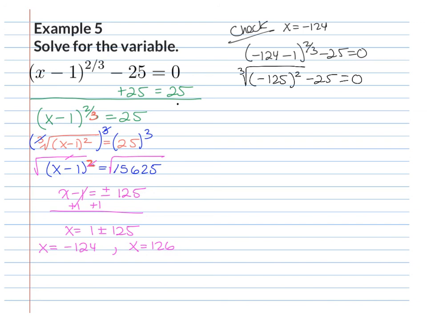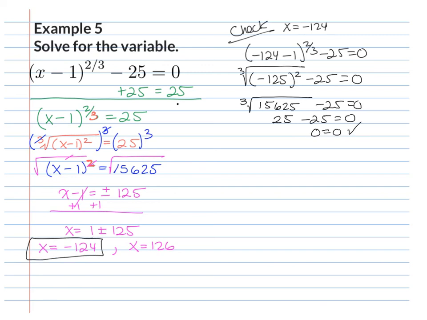So then I know that I'm going to have the cube root, and that squared should be 15,625 minus the 25 is equal to 0. The cube root of 15,625 is 25 minus the 25 that was there. 25 minus 25 is 0. That works out. This is actually a solution.